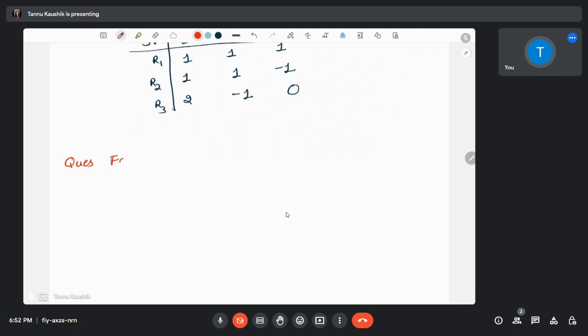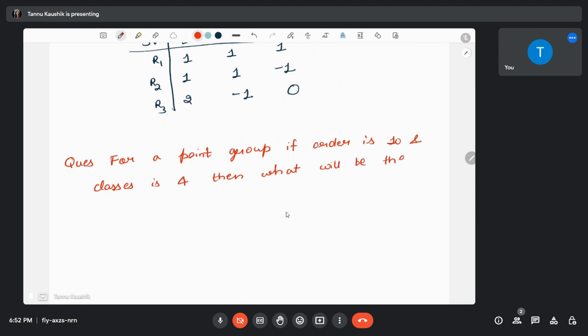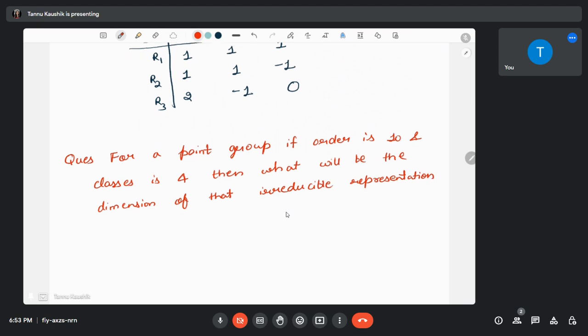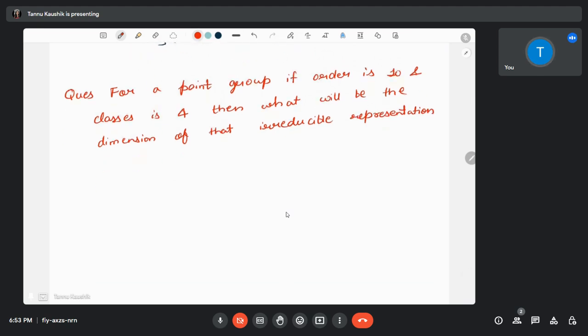For example, if it is given that for a point group, the order is 10 and the classes is 4, then what will be the dimension of that irreducible representation? For a point group, if the order is 10 and the classes is 4.